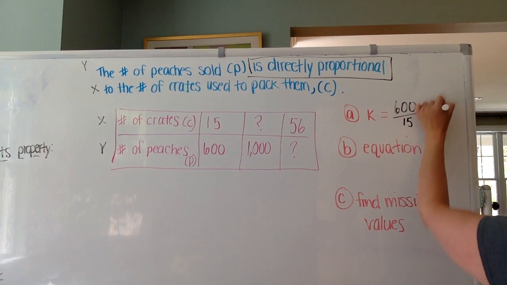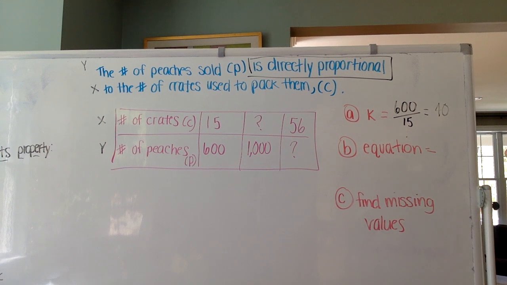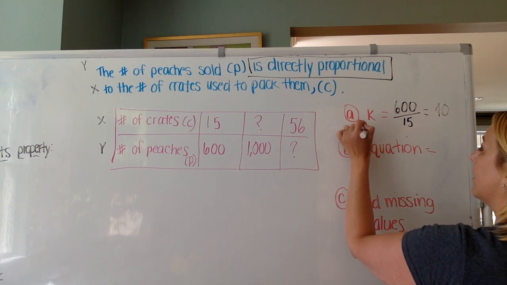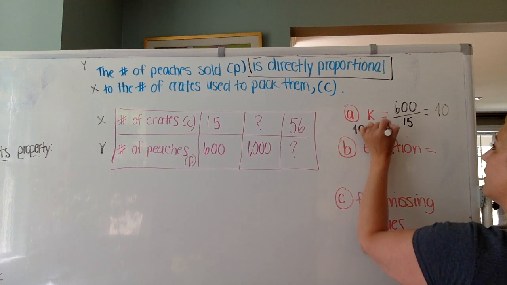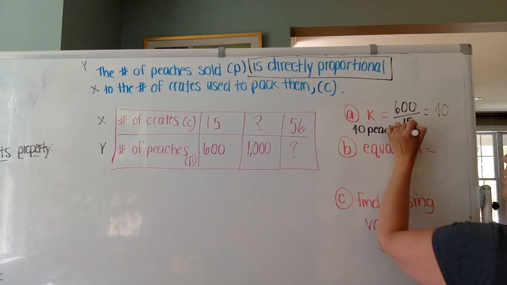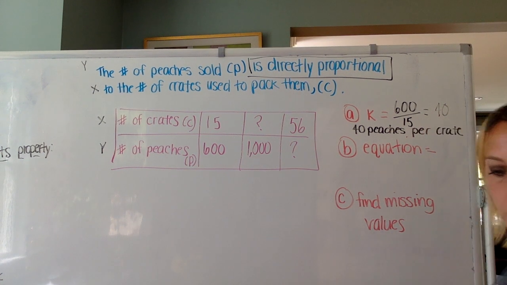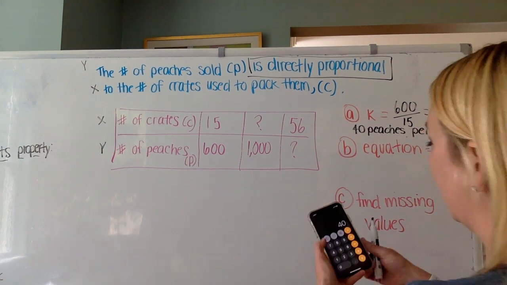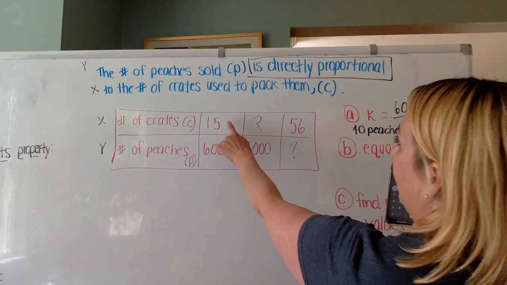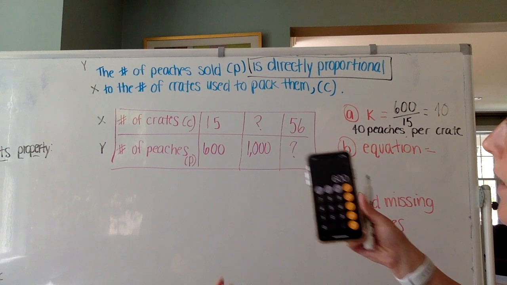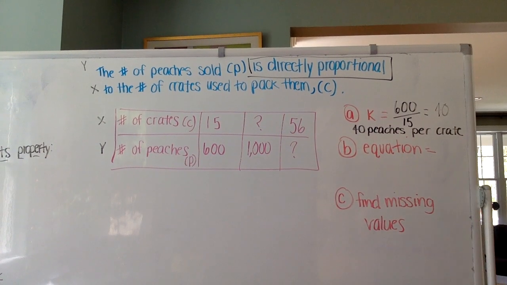So what does our constant represent? Our constant represents that there are 40 peaches per crate. If I wasn't sure, I can double check: what's 40 per crate? If I have 15 crates, hopefully it's 600. It is. So 40 peaches per crate.